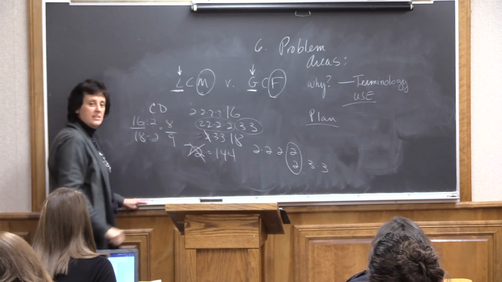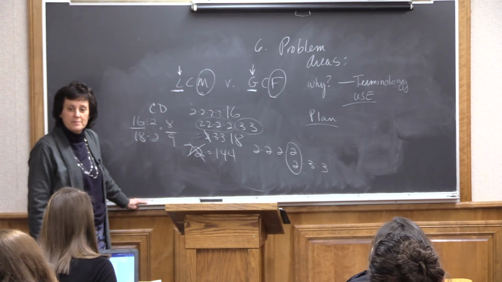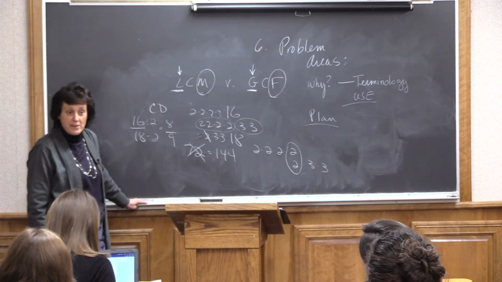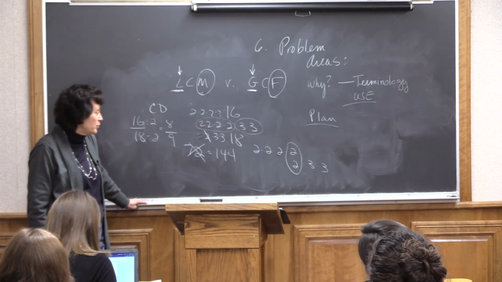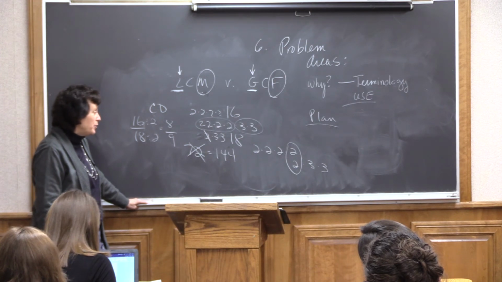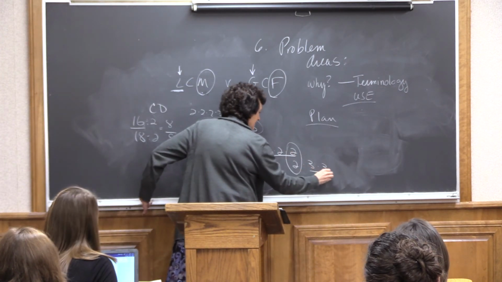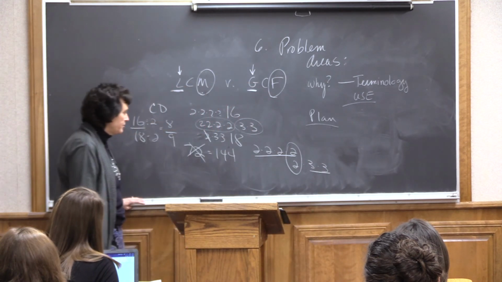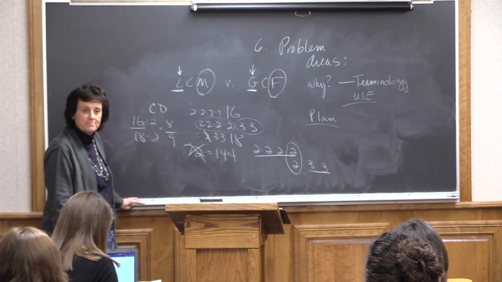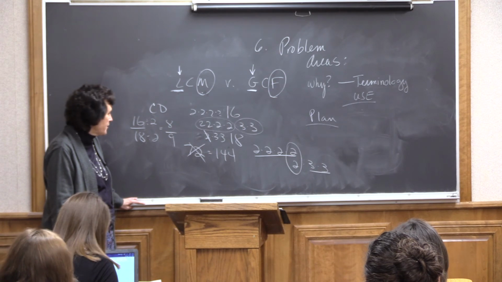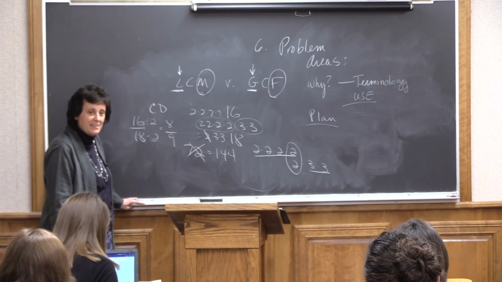Is 8/9 in lowest terms? So what's my greatest common factor? 2. So my least common multiple has to be 16 times 9, which is 144. Okay? Sorry, I was thinking 8 times 9, lost a 2.